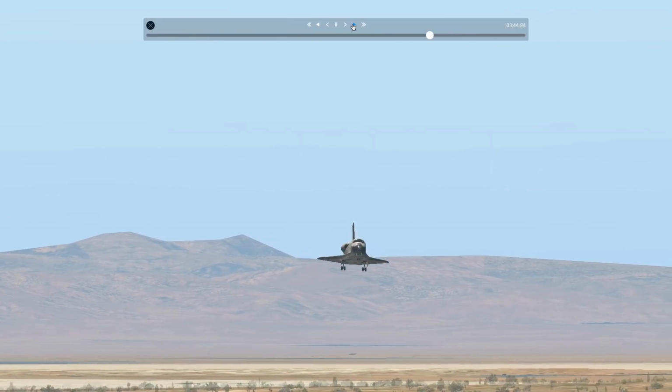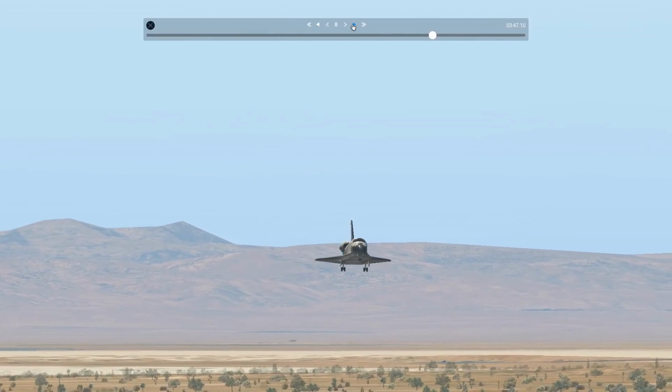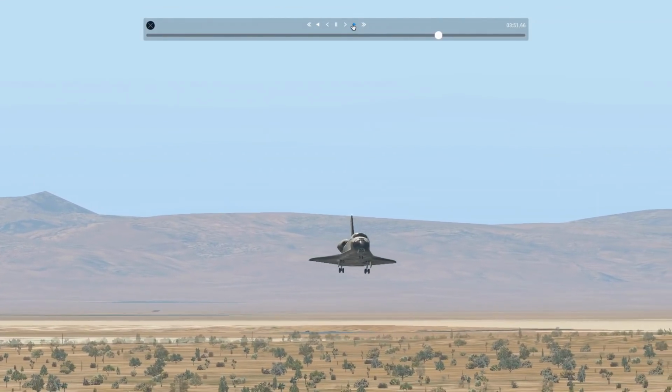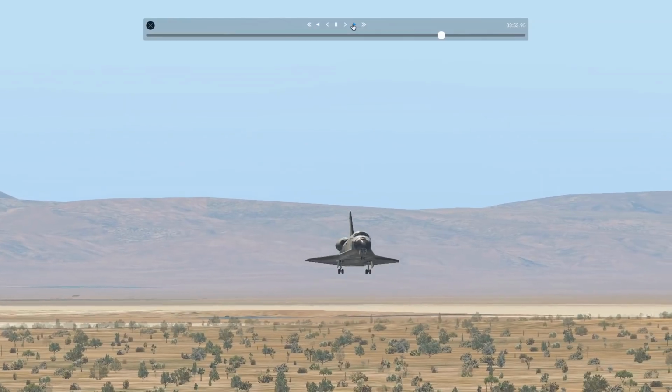So this is the same approach, now looking at it from a different angle. And you can really see how I was just managing the angle of attack in the last part of the landing.